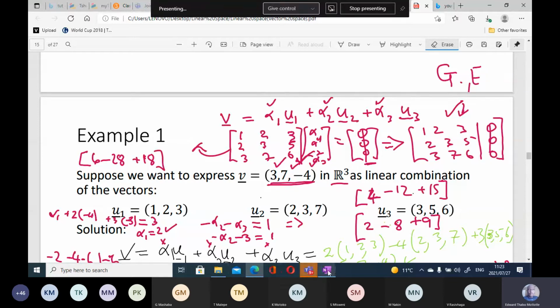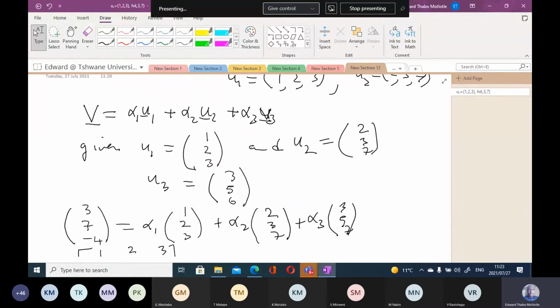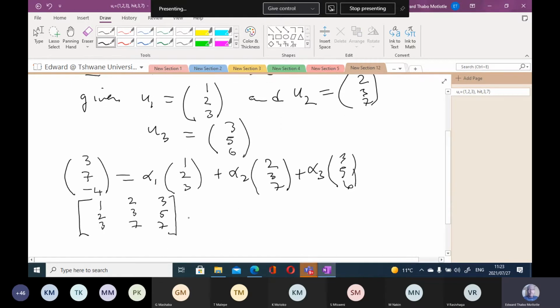Okay, 3, 5, 6, not 7. So this one will be 6 also. So let's check what we do here. I said we write it as an augmented matrix. So this will be 3, 7, minus 4.